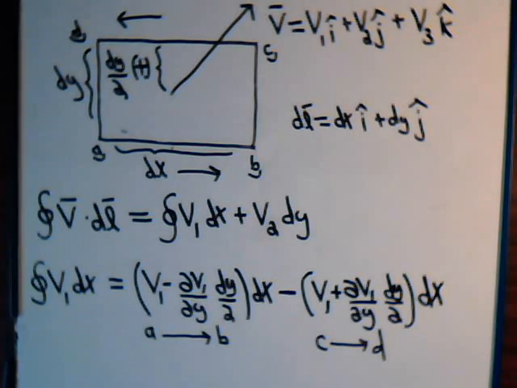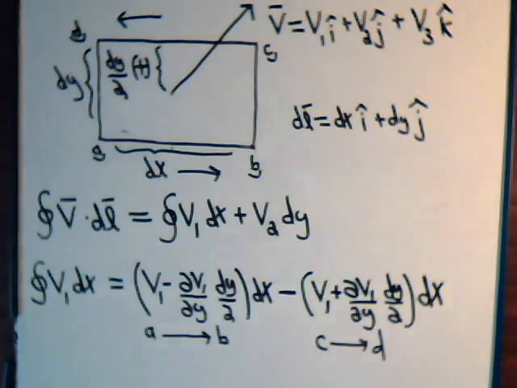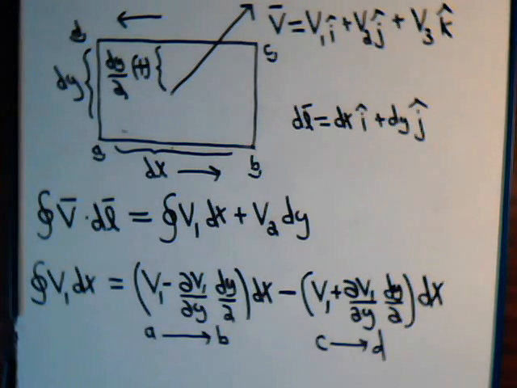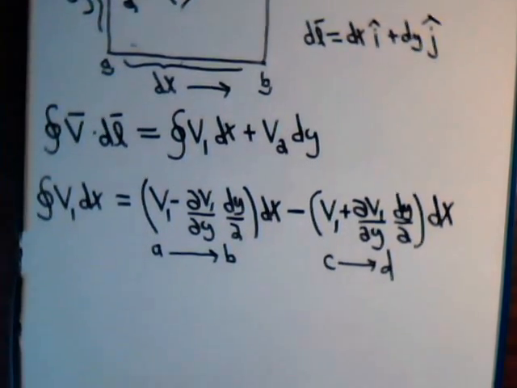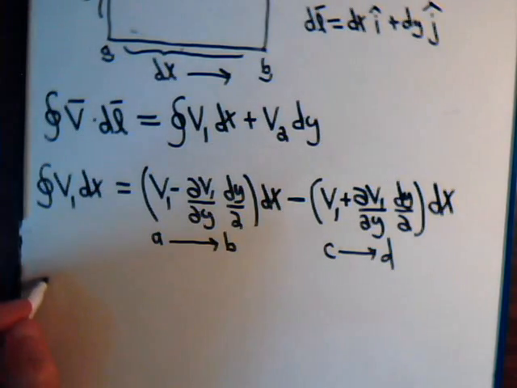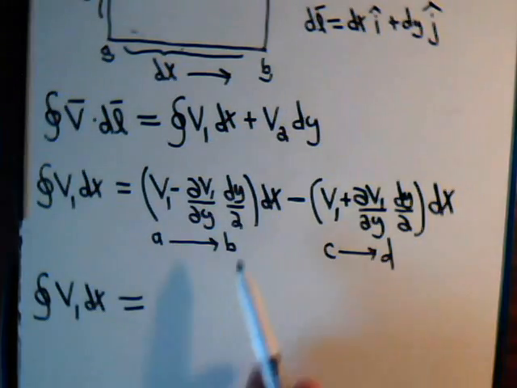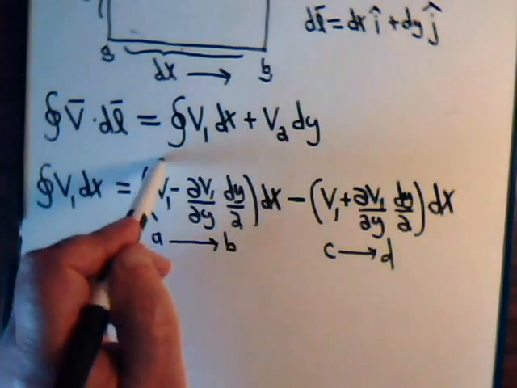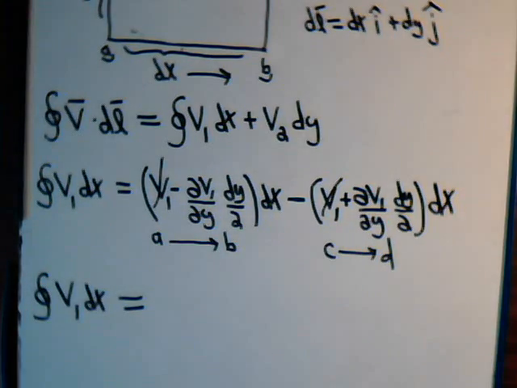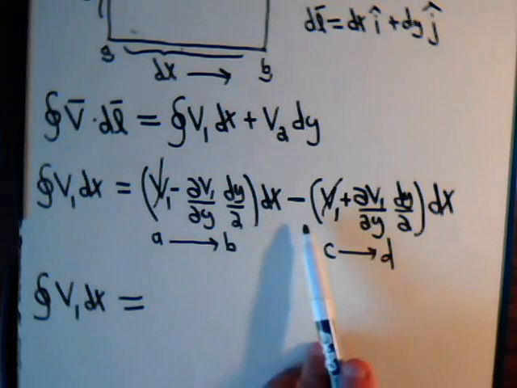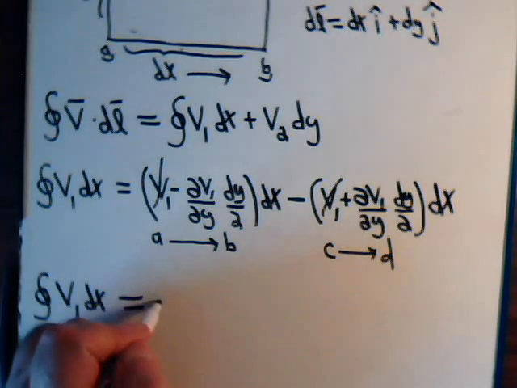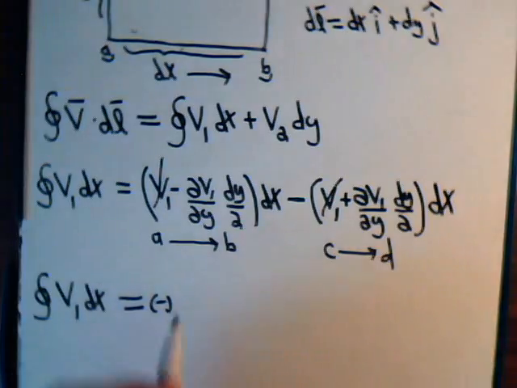Then going from D to A, dx is 0. So this expression will equal this minus this. These cancel, and we will have this minus this, so this gives us a negative sign.